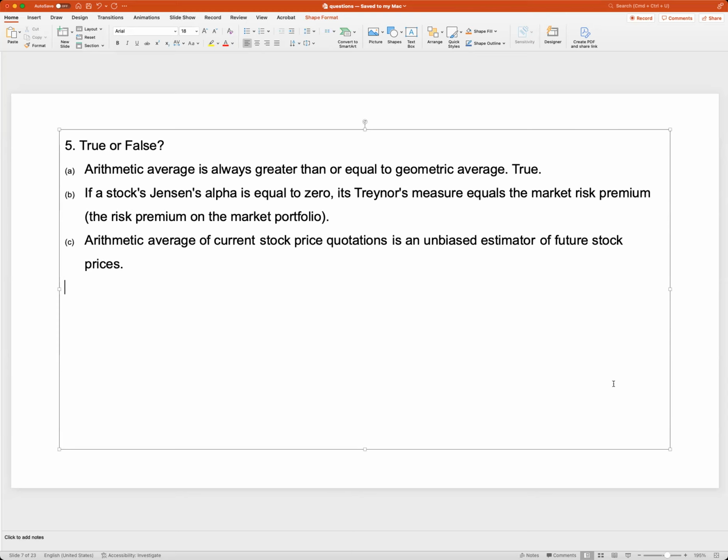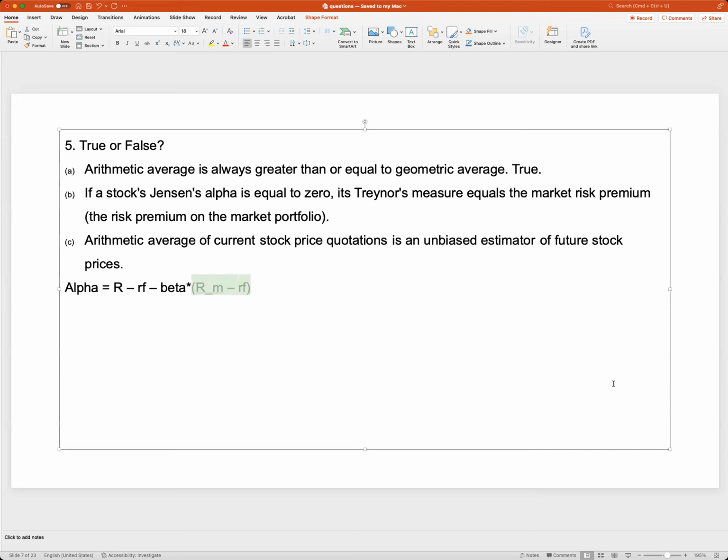Question B. If a stock's Jensen's alpha is equal to 0, then its Treynor's measure equals the market risk premium, which is the risk premium on the market portfolio. Let's start with how Jensen's alpha is defined. Jensen's alpha equals stock return minus risk-free rate minus beta times market return minus risk-free rate.